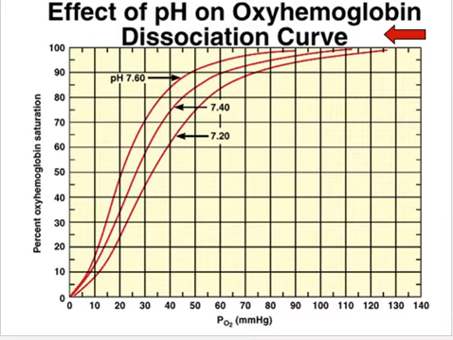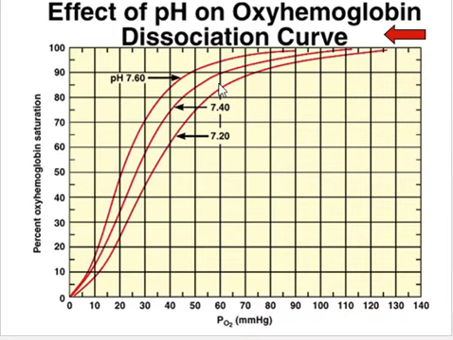And as that pH drops, so the normal blood pH is 7.4, the center part of this curve. As the pH starts to drop over to the 7.2 in this case, you can see that we will unload more oxygen than we would have normally at that same PO2. In other words, as acid levels increase, the hemoglobin gives up the oxygen even more readily, which should make some sense to you, right? So you're using the tissues, they're producing lactic acid, and you're getting hydrogen ion. Let's dump even more oxygen.